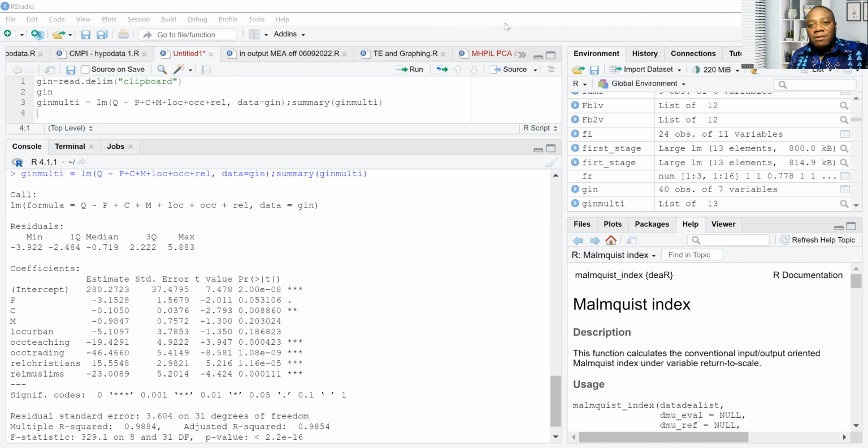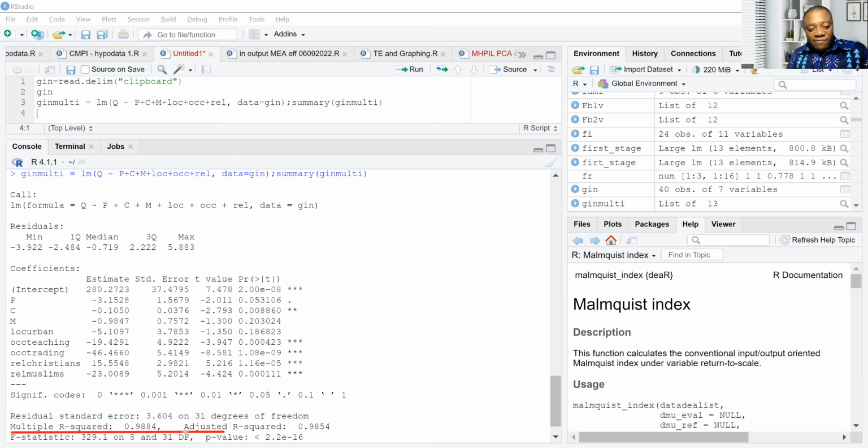Adjusted R square. Okay, that was the brother of R squared, but that is not the one we're looking for. It is this one: the multiple R squared. Not adjusted, but the multiple R squared.